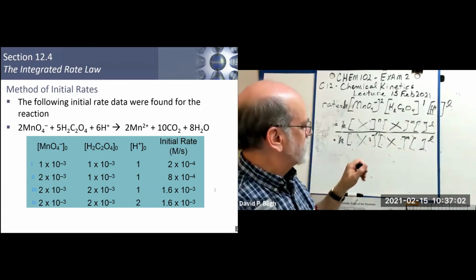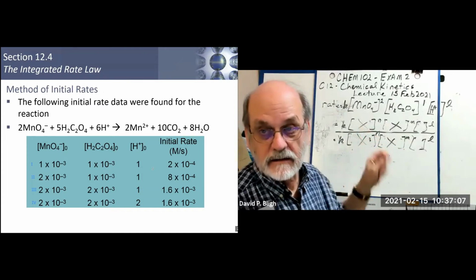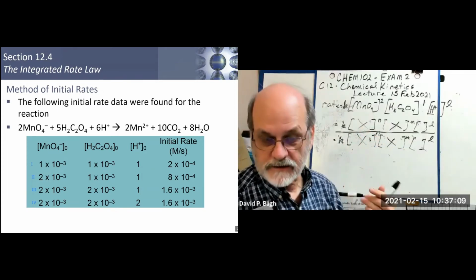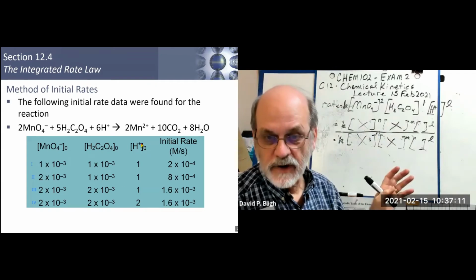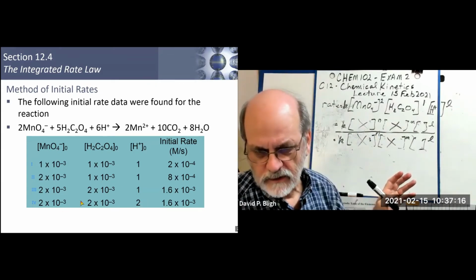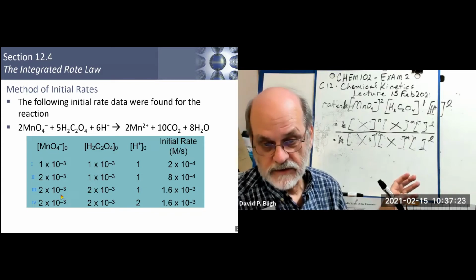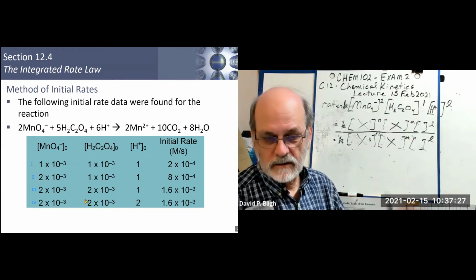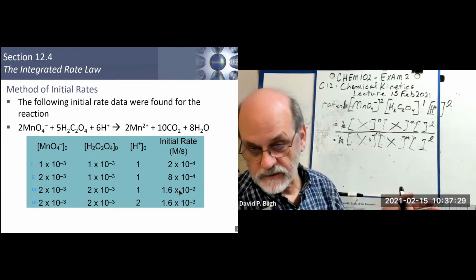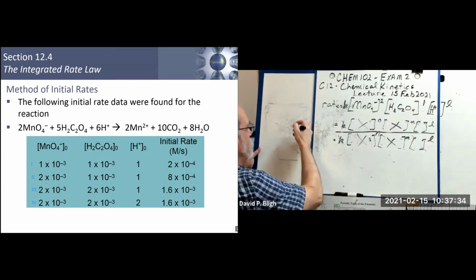So which one gives us first and second terms, manganate and oxalic acid hold constant, but hydrogen ions change? Well, there's a 2, so this one has to be one of them. And where's the other one? Right? Well, we could do this one. These two right here. Actually, 3 and 4, because these are the same numbers. So it doesn't matter. We'll put 3 on top and 4 on the bottom.